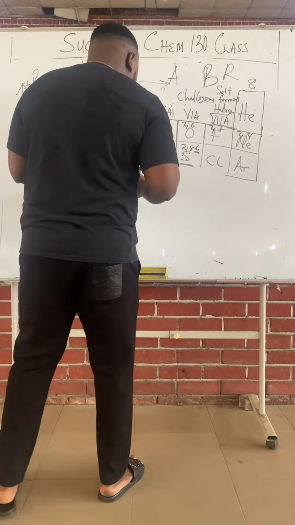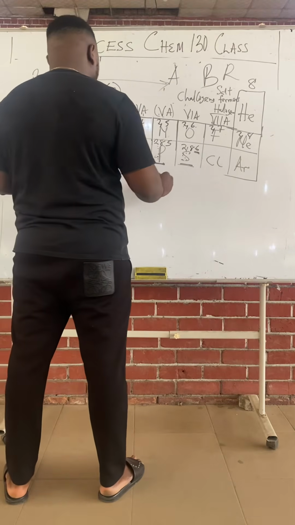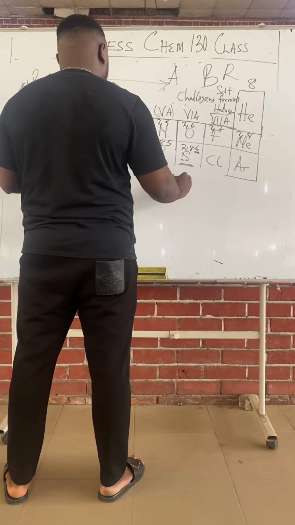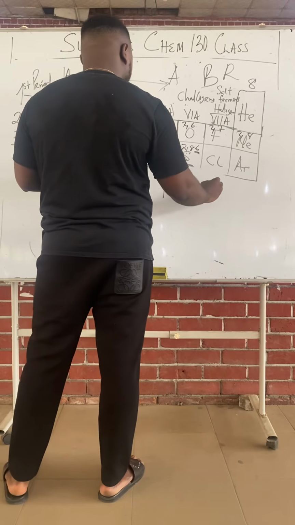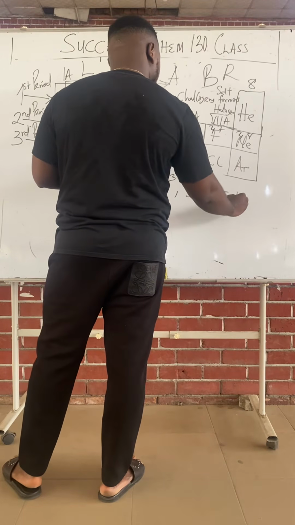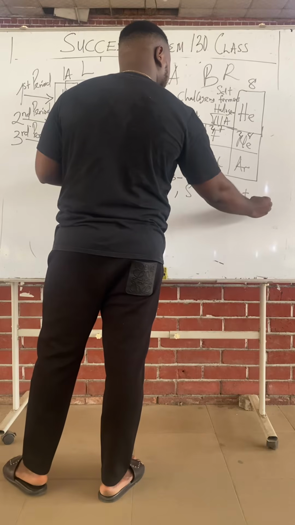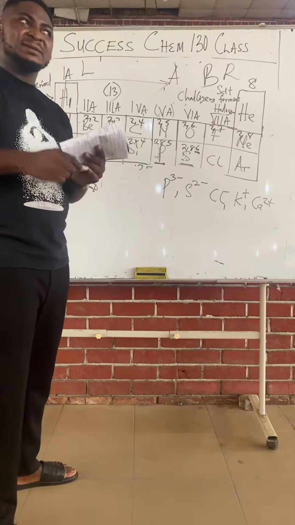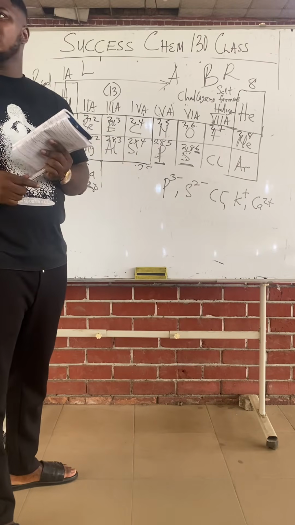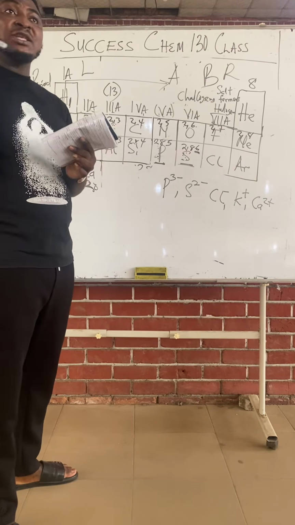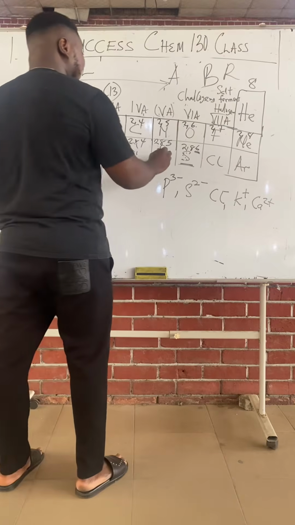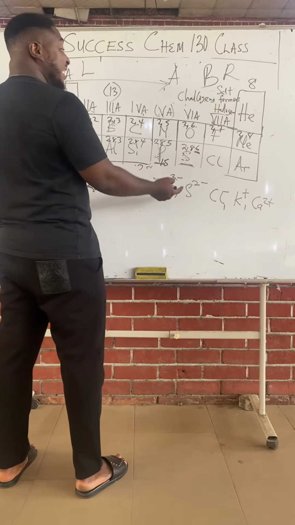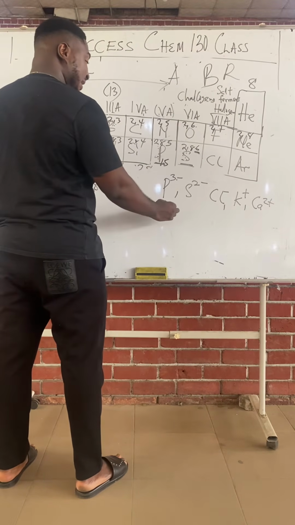Arrange the following in order of decreasing size. Class, all these guys are isoelectronic because phosphorus is number 15. 3 minus means it has gained 3 electrons to have 18 electrons.